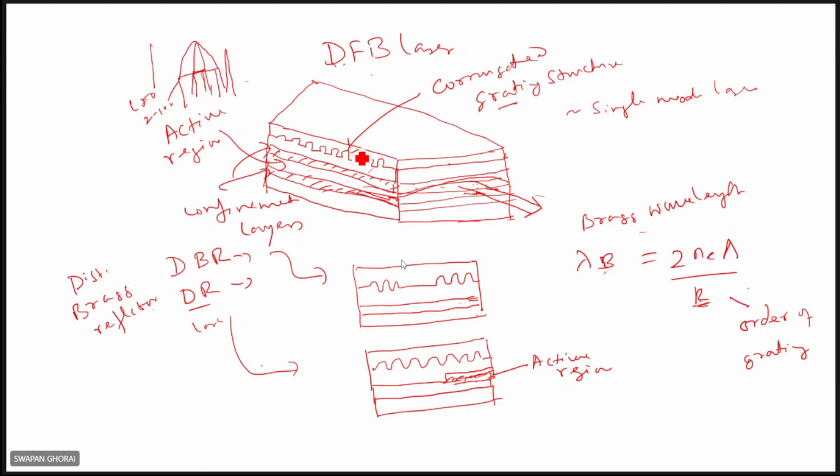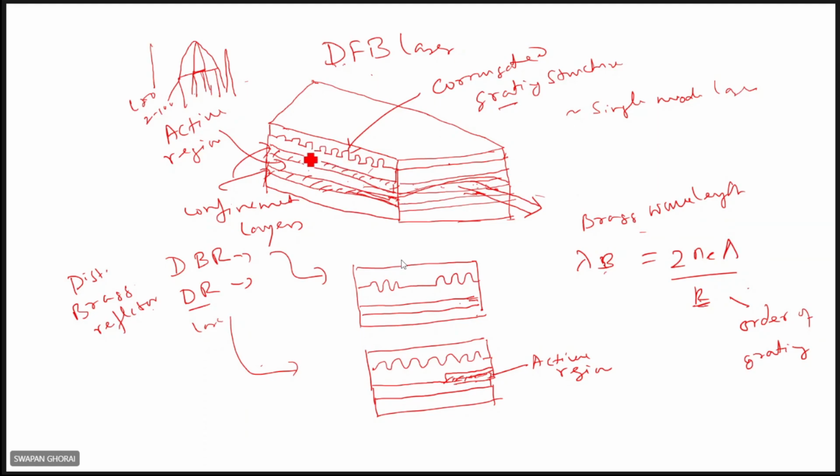Because of the grating structure, the corrugated structure, you can have a very small number of modes, and the temporal coherence will be very high. The feedback is throughout the structure, so light is reflected back from each point of the grating.